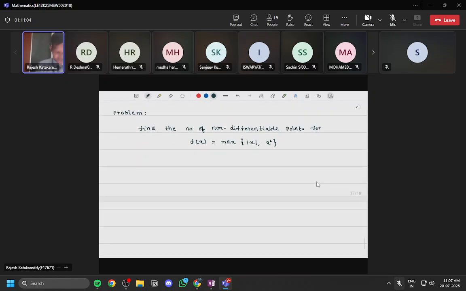Now, like we all know graph of mod x, we all know graph of x square. If we put that one here, give me a moment. This space we are using.